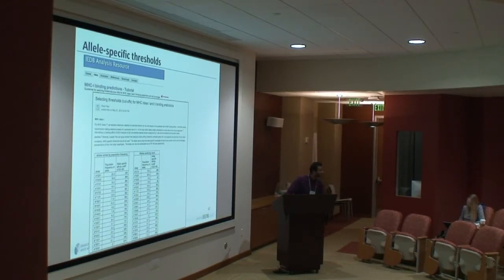So that's a general recommendation that we provide, 1%. This is for these particular alleles. If you use this cutoff based on IC50, it's different. But when you select IC50 for A0201, I guess that you are roughly putting a 1% cutoff of ranking score.